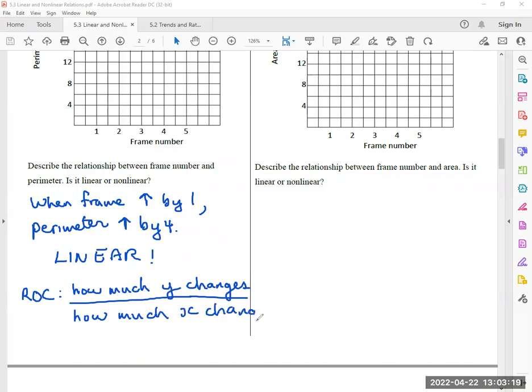And of course, in this case, x is always changing by 1, right? So the rate of change is going to be a positive of 4 in your perimeter for every 1 frame. So it's basically 4 units for my perimeter over 1 frame.